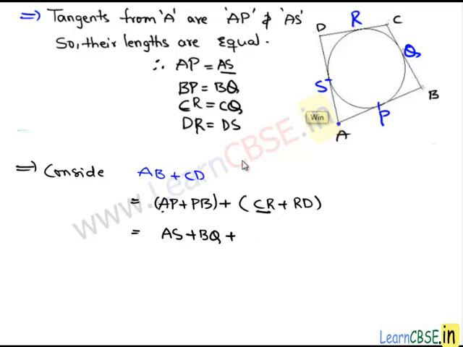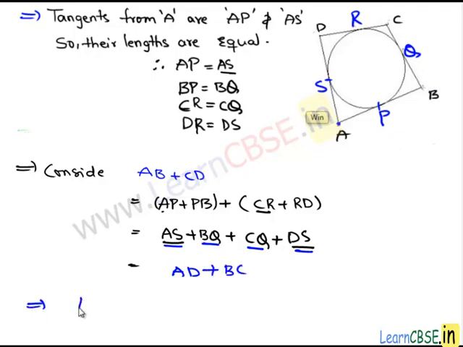Similarly, CR is equal to CQ, and RD, which is DR, is equal to DS. The sum of AS and DS is AD, and the sum of BQ and CQ is equal to side BC.